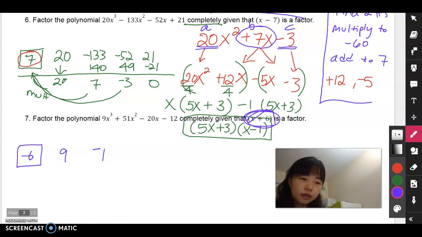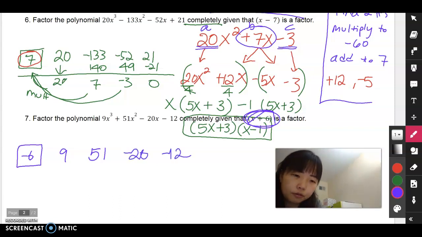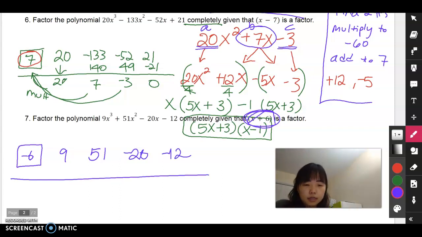I don't know what's going on. 51. Negative 20. Oh, jeez. It was working fine, but I've been doing it for 3 hours. I think the tablet's kind of overheated.